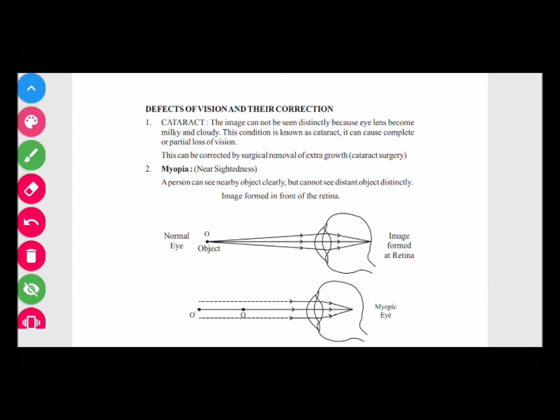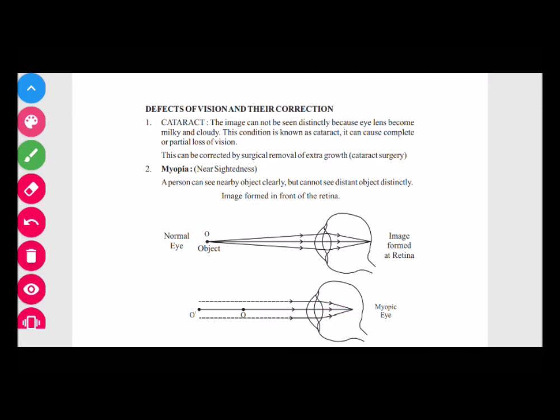You know why this defect occurs? Because light from the faraway objects will converge in front of the retina, not on the retina. Get the defect? How? Because the light rays will converge in front of the retina.